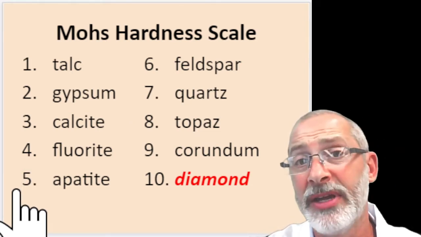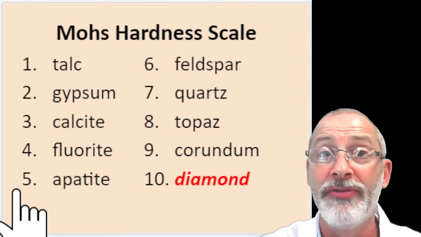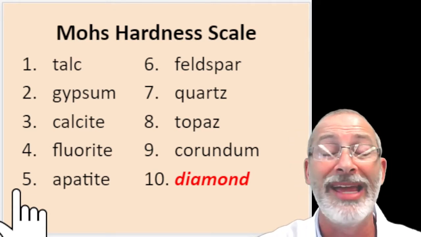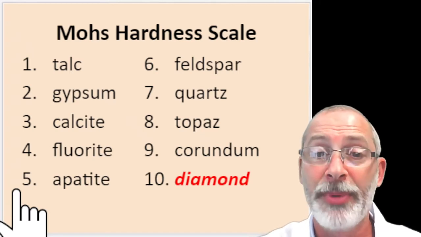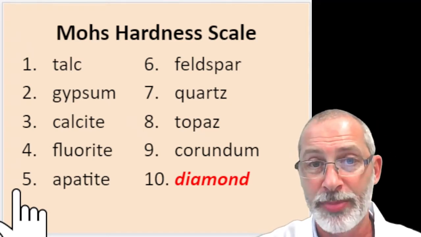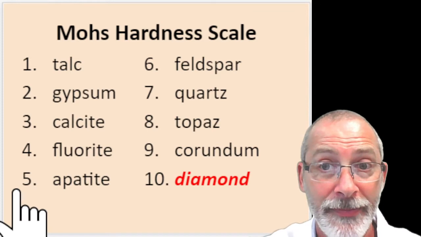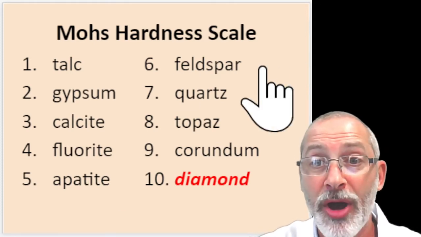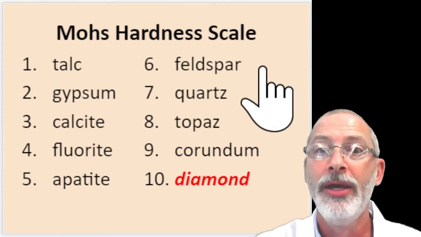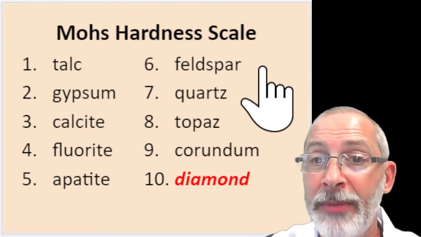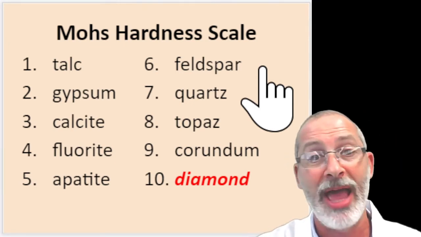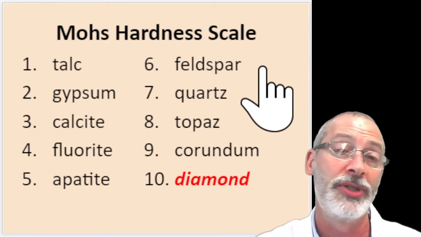Apatite, having a value of number 5, can be scratched by everything 6 and above, but cannot be scratched by anything below 5. Number 6, feldspar, can be scratched by quartz, topaz, corundum, and diamond, but cannot be scratched by apatite, fluorite, calcite, gypsum, or talc.